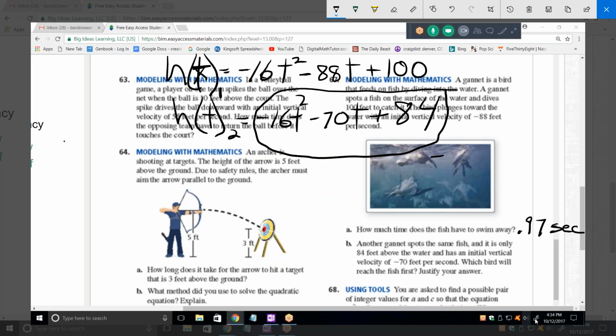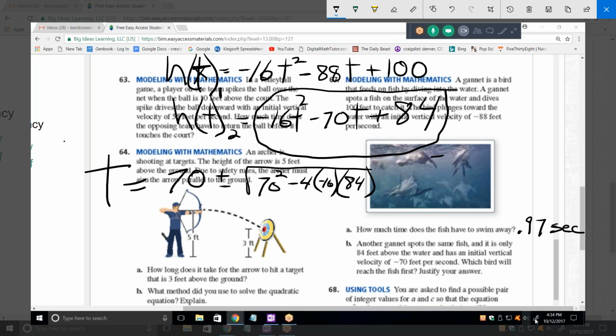If it's slower than 0.9 seconds, it loses. Well, let's figure out what it is. Fill it in. So t equals 70 plus or minus the square root of 70 squared minus 4 times 16 times 84.